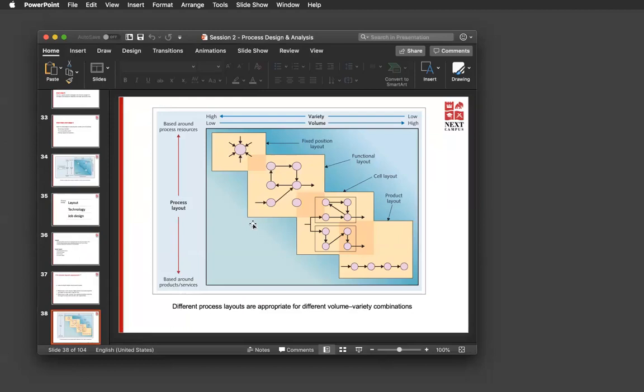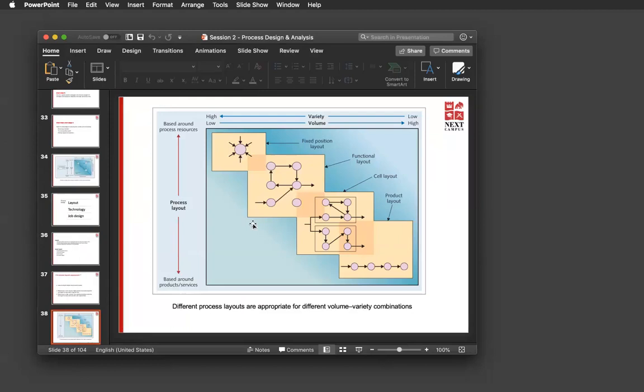See, the product actually moves to the layout. The layout does not actually move to the product. Because if you want eyeglasses, you go to a place where they manufacture eyeglasses. So you take a prescription and then they do the eyeglasses for you in that particular place. So it's a fixed position.